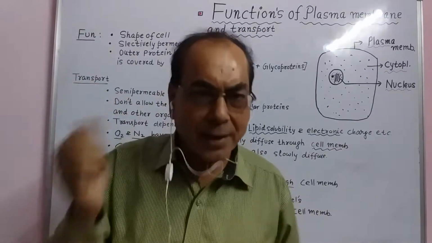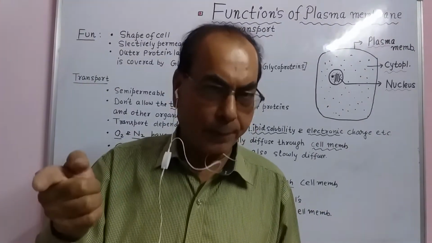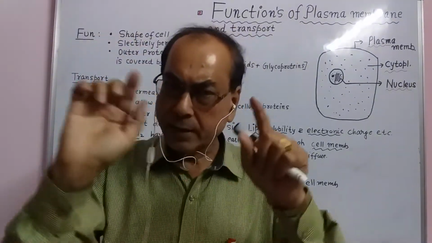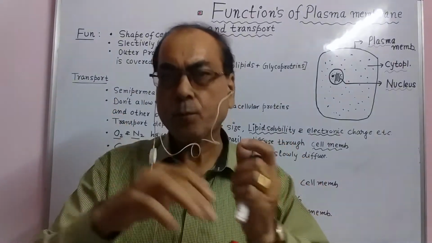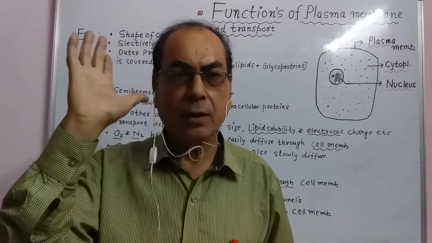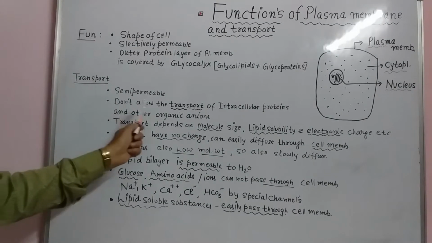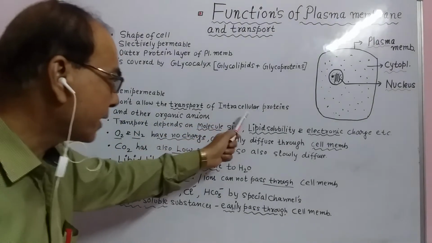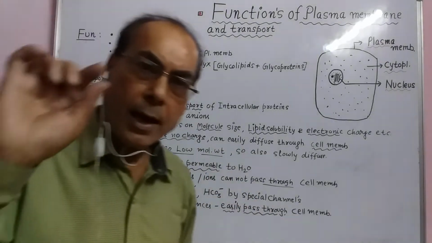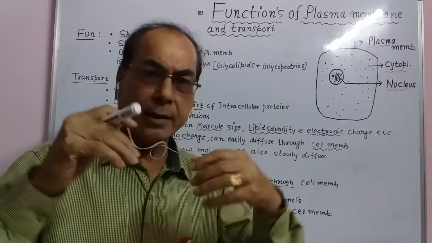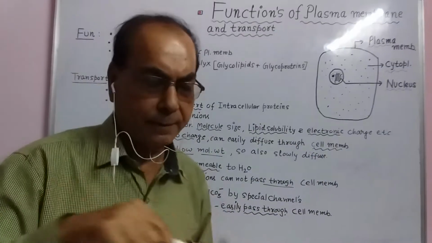If the exchange of material is taking place between more than two cells, say 2, 3, 4, 5, 6, that will be termed inter, and intra means within one cell only. So here it doesn't allow the transport of intracellular proteins and other organic anions, unless there are special conditions.